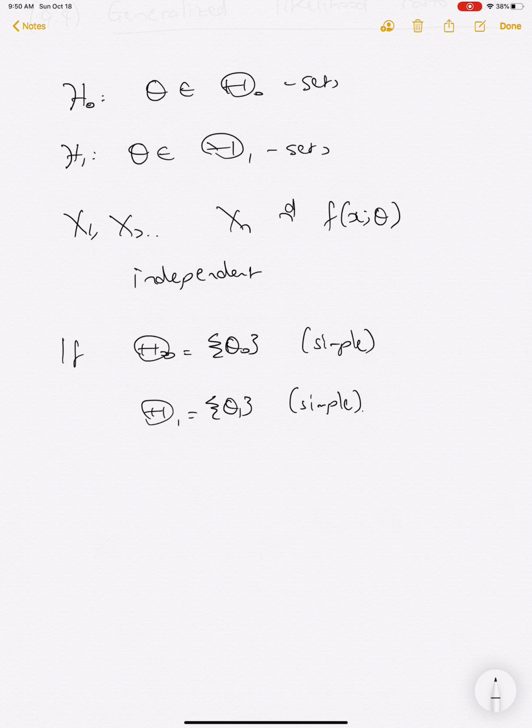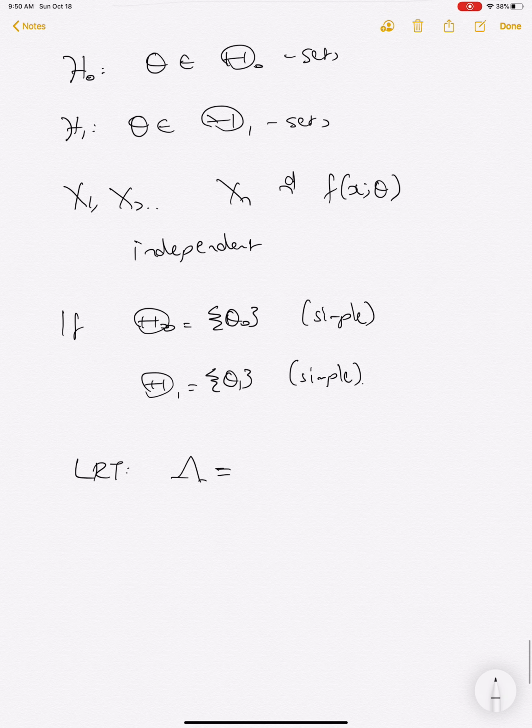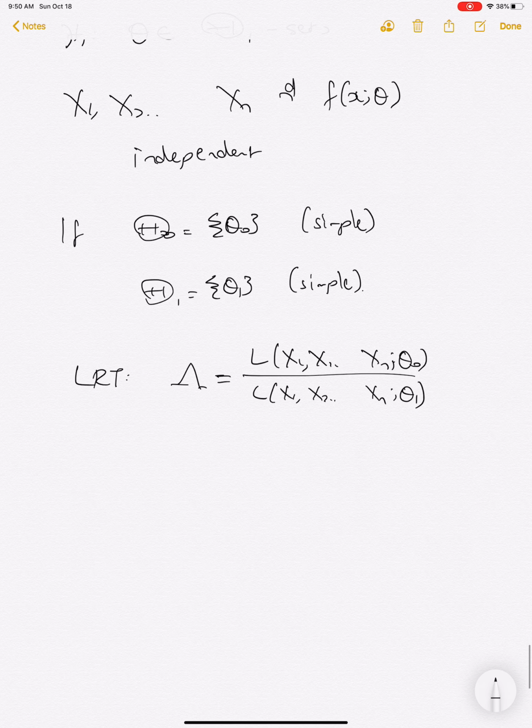So if we let likelihood ratio test, and we let gamma be, so I'm going to use this notation, gamma is the likelihood ratio test statistic. That's just L of x1, x2 up to xn, theta 0, over theta 1. So this is the statistic.